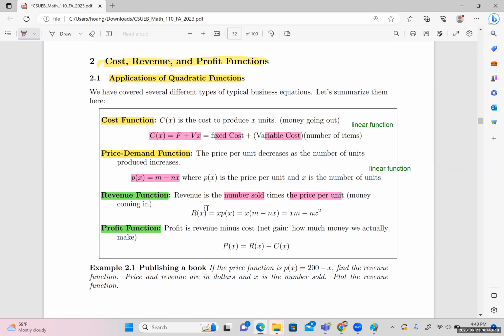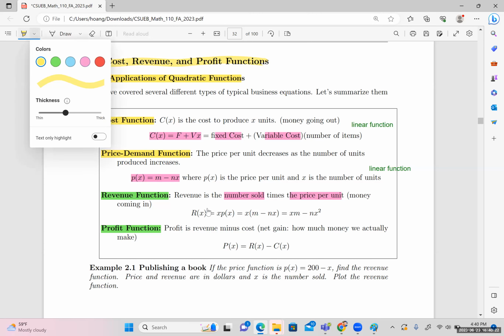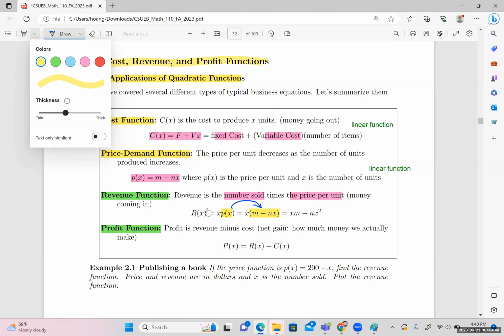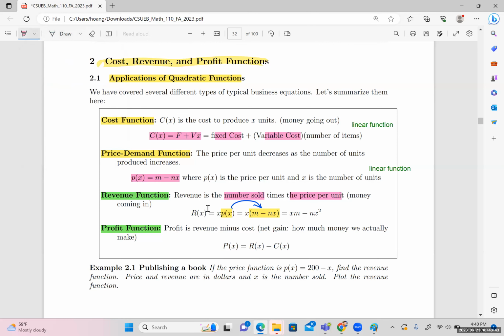As you see, p of x was in the form m minus nx, so we change the p of x there to be m minus nx. Then the revenue function will be x times (m minus nx).